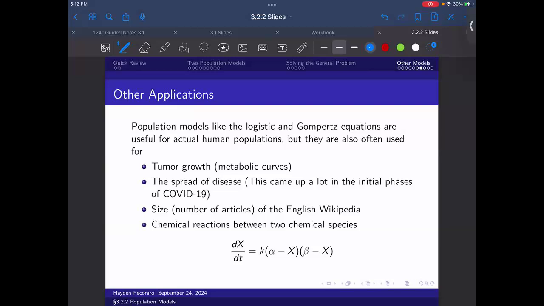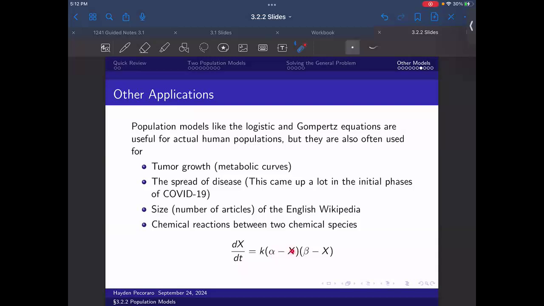And then the last one that is, I think, kind of neat, is chemical reactions. So if you take, what do they call that, PChem, sometimes you'll actually have to solve differential equations during reaction kinetics. You might see differential equations like that.